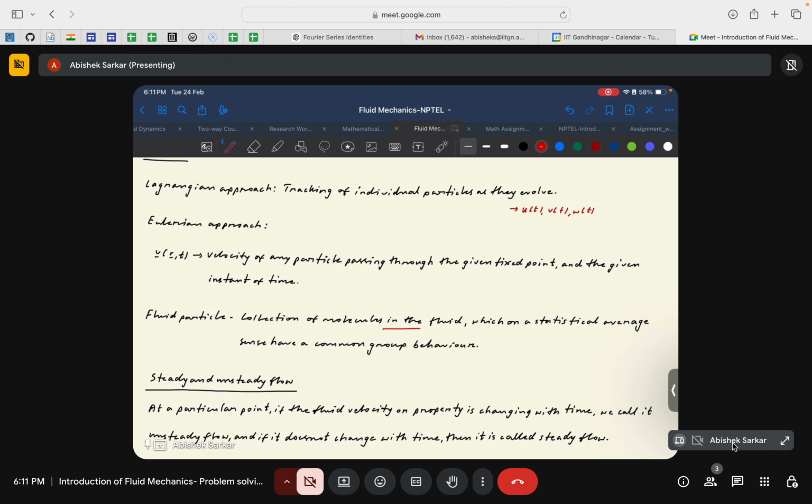Okay, so that's why in the Eulerian approach we consider the velocity field of any particle passing through a given fixed point at a given instant of time. So we consider the velocity field to be a function of space and time.